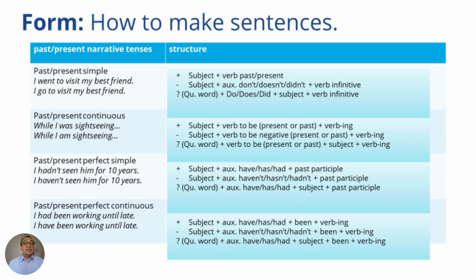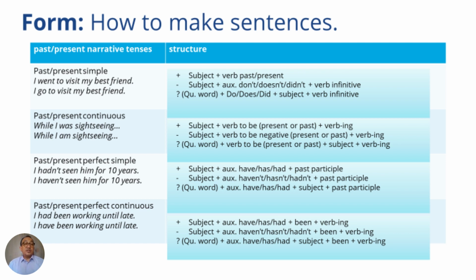How to make sentences? Okay, this is the grammar. If you're happy with the patterns and the structure here, you can screenshot it and then you know it. With the past perfect simple, past perfect continuous, past simple, present simple, past continuous, present continuous, present perfect continuous, or past perfect simple or present perfect simple.